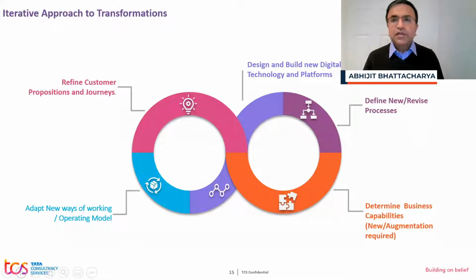So just to summarize, the key areas for acceleration for a telco are: first, the business drivers are critical. Each telco will have its own business drivers based on the business strategy. That has to be identified and finalized.